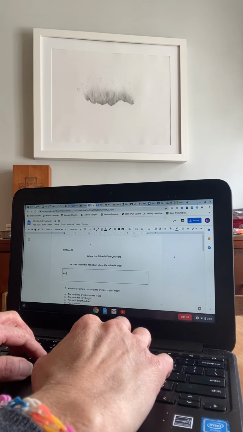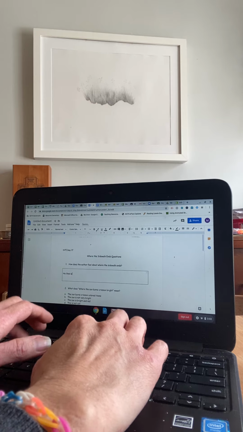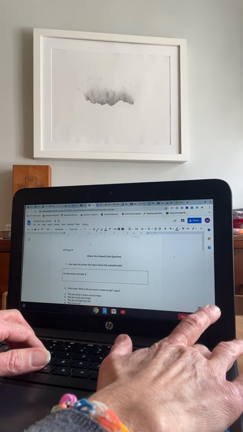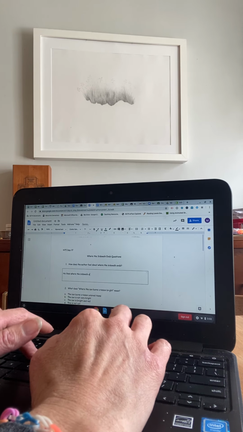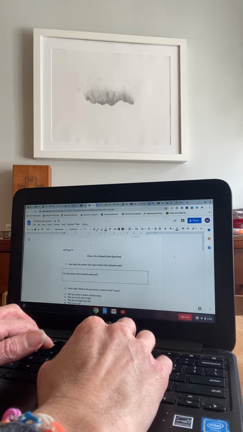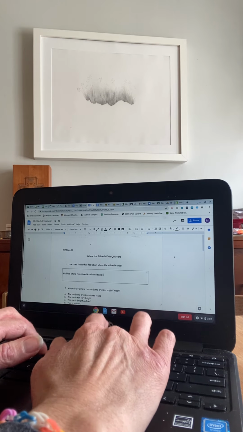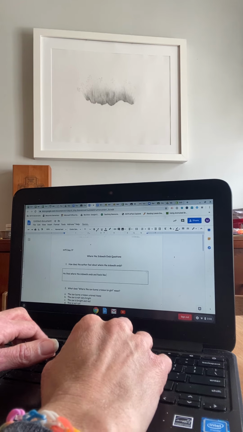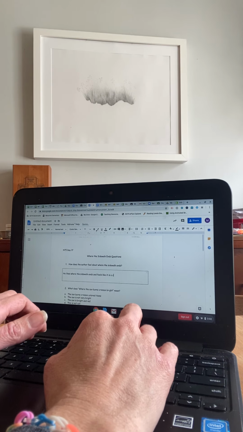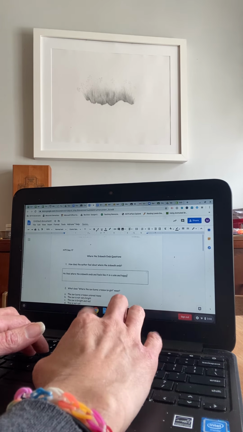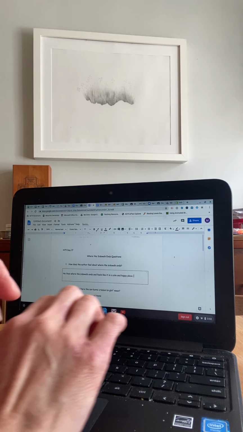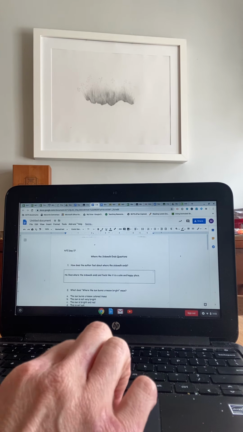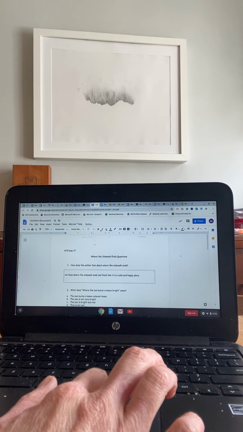He likes where the sidewalk ends and feels like it is a calm and happy place. Okay, that's what I get from that. When I read that poem, I think he really likes where the sidewalk ends.